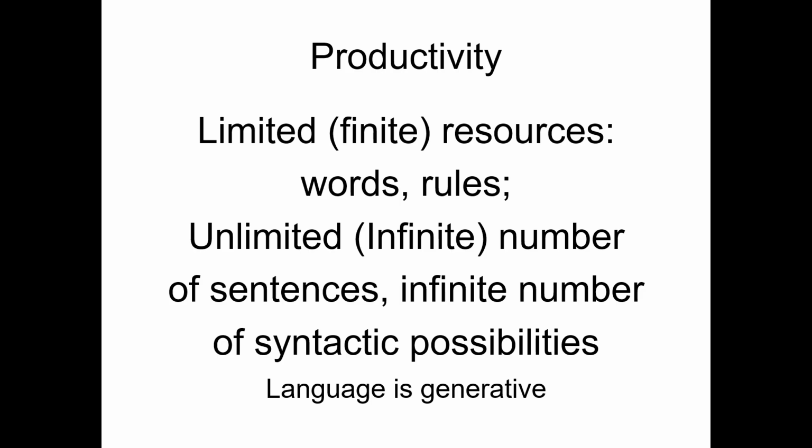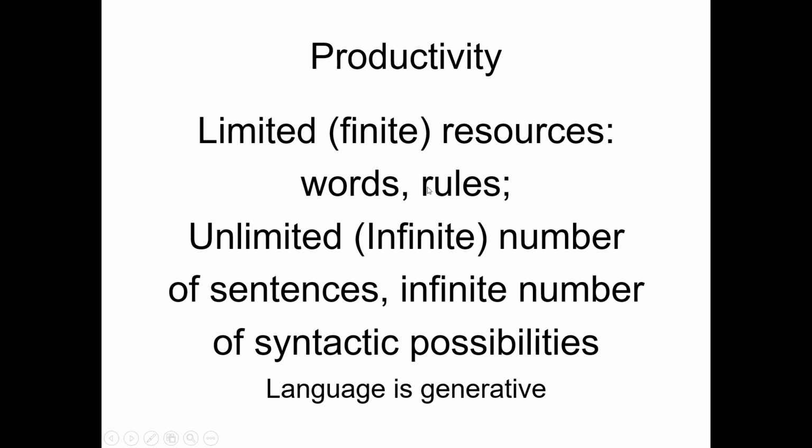Now productivity is similar, but it takes you beyond the word level. How many words in the language do you know? 5,000, 10,000, 20,000? However many you may know, it's still a finite set, limited. It's not infinite, it's not boundless.